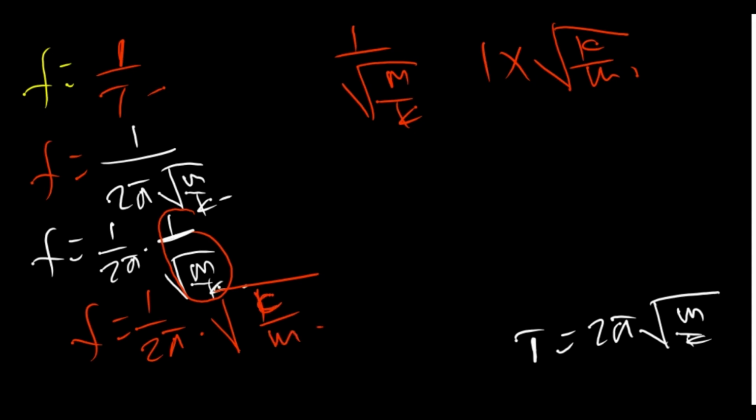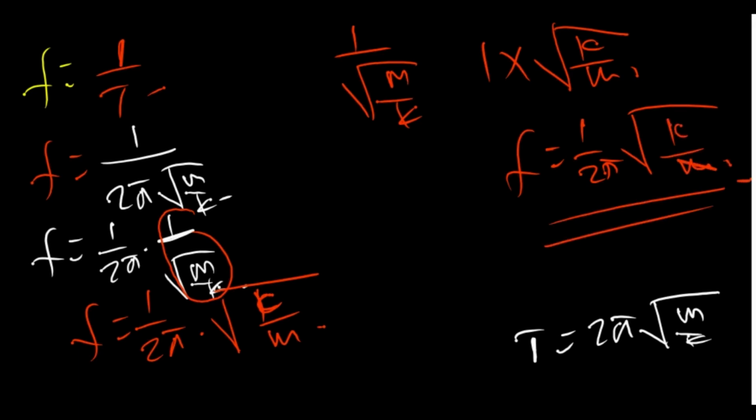Okay, so this will be our formula: 1 over 2 pi the square root of k over m. So that is the formula for finding frequency.